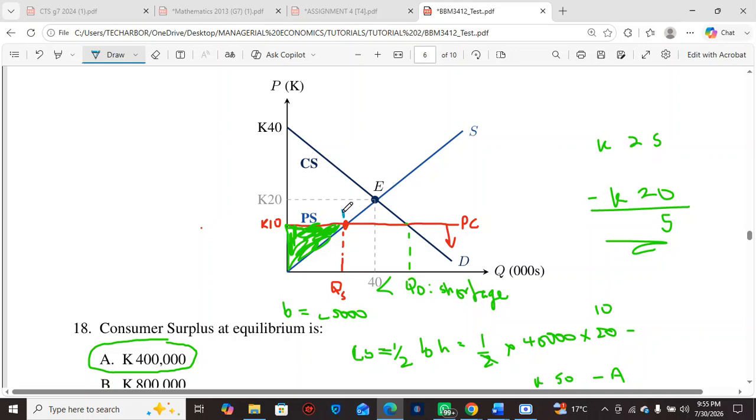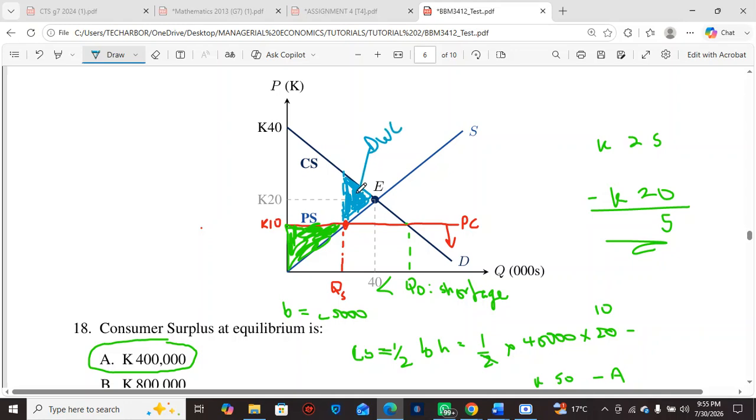It could have been produced, but due to the price ceiling, it's not produced, so it's lost. It's wasted basically. So the deadweight loss is this triangle here.